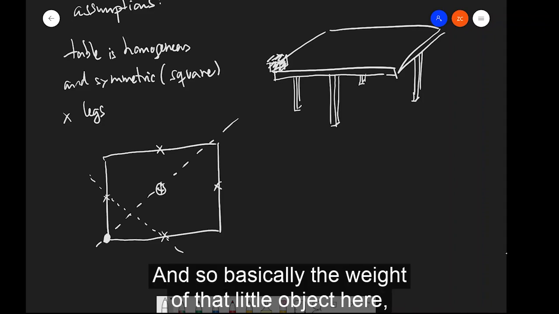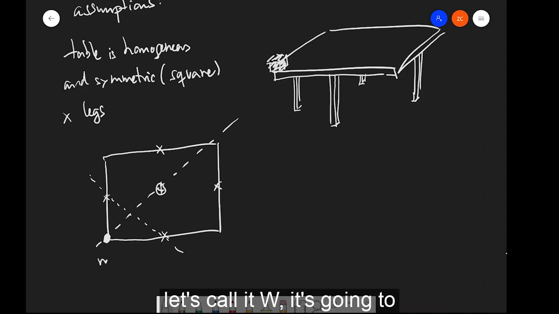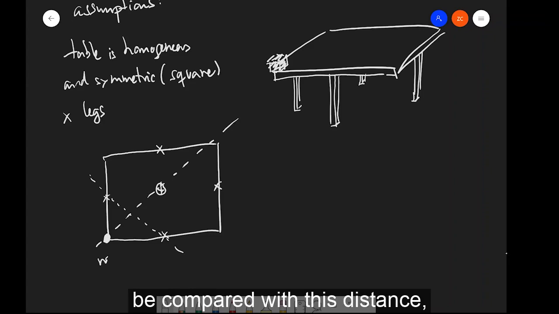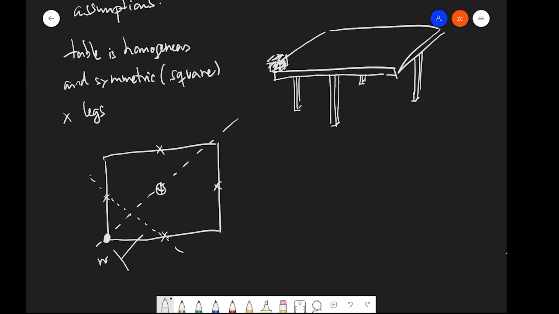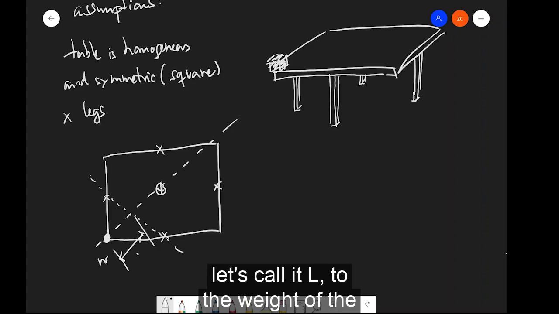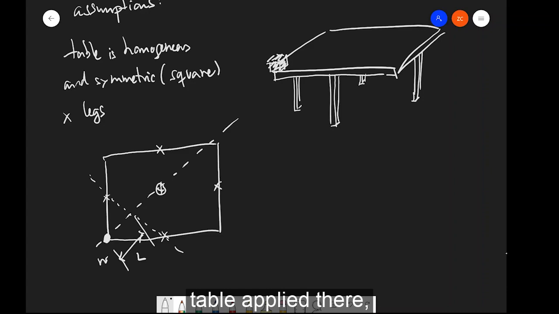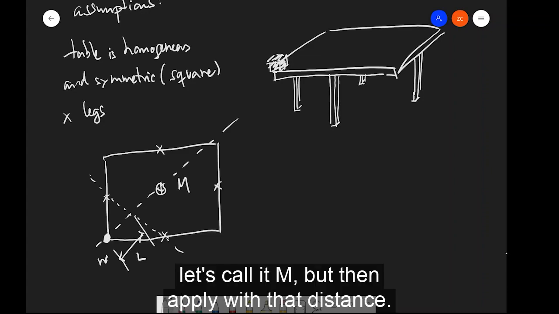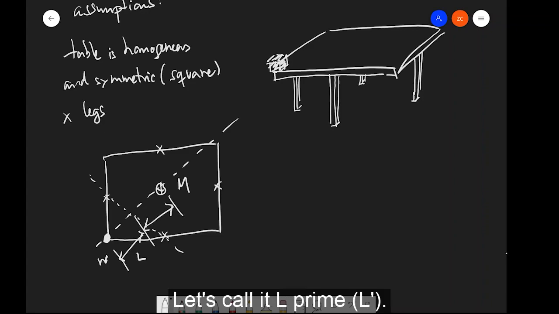And so basically, the weight of that little object here, let's call it W, it's going to be compared with this distance, let's call it L, to the weight of the table applied there, let's call it M, but then apply with that distance. Let's call it L prime.